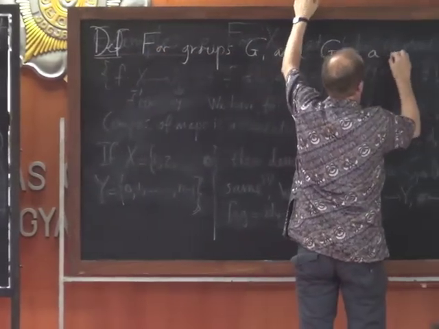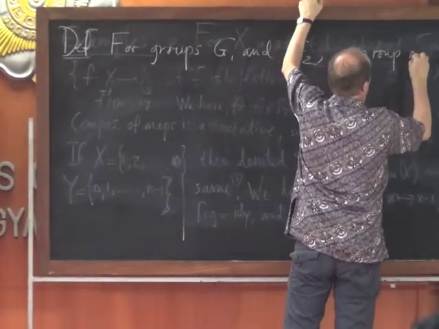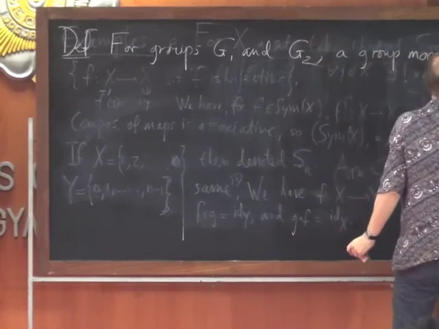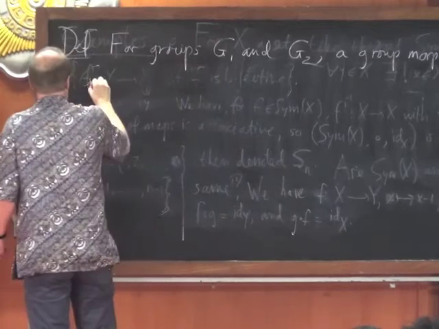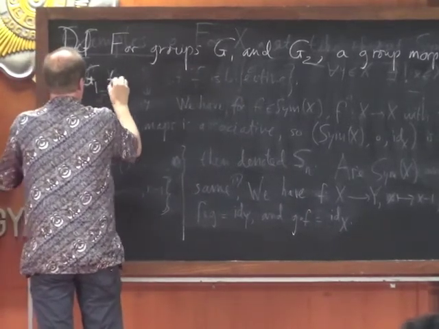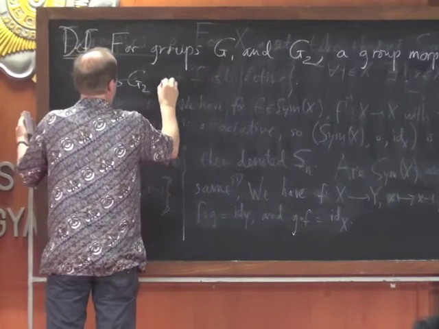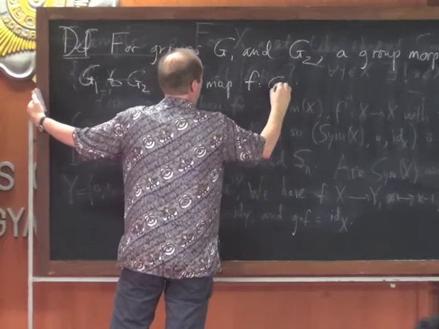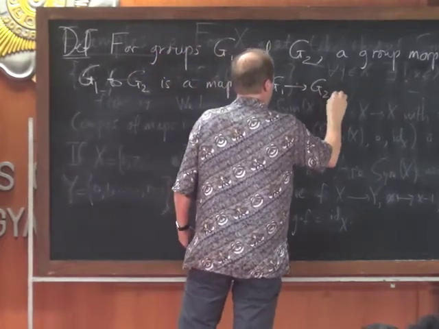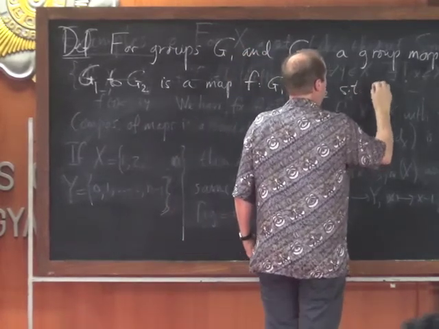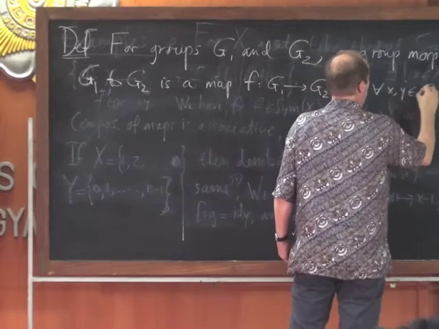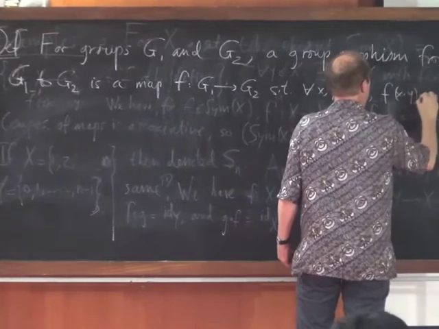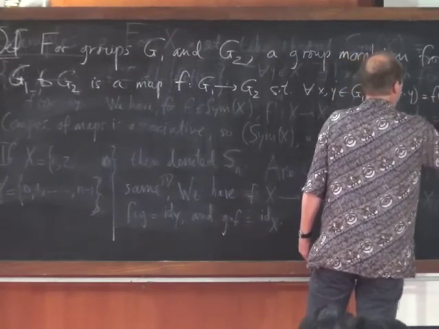A homomorphism from G1 to G2 is a map f from G1 to G2 such that for every x, y in G1, f of x times y is f of x times f of y.